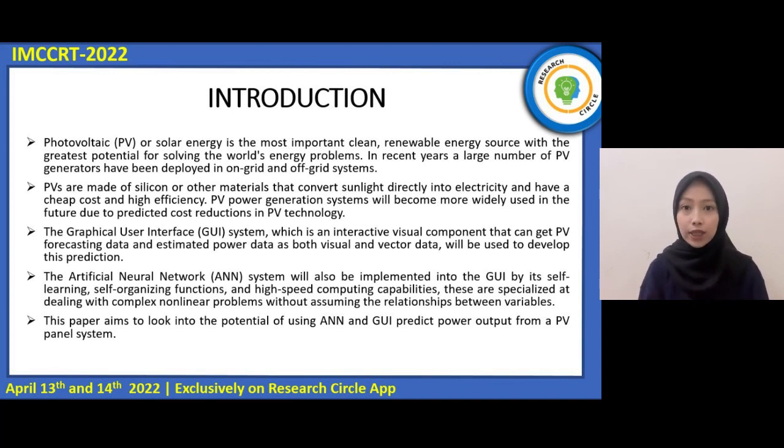in PV technologies. The graphical user interface, which is the GUI system, is an interactive visual component that can get PV forecasting data and estimate power data as both visual and vector data, and will be used to develop this prediction.